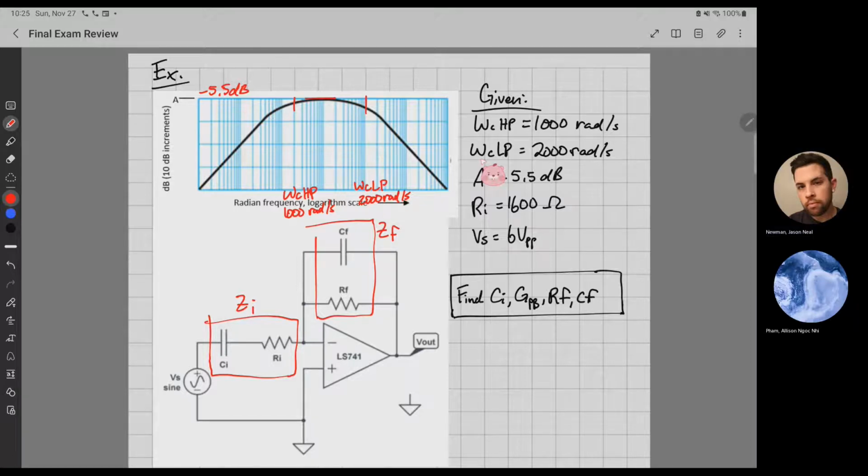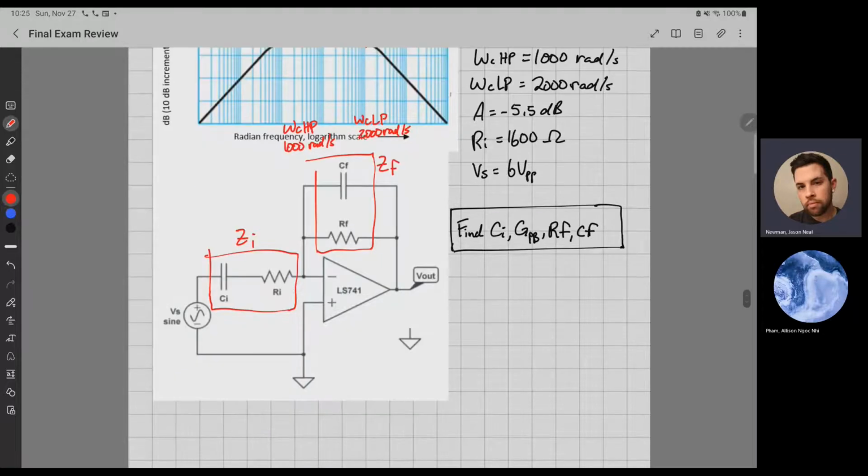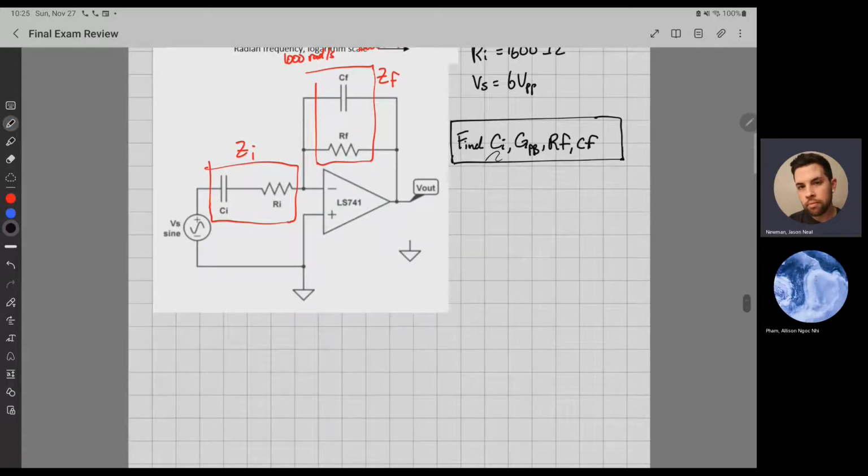Okay, now we've identified those on the graph, just for our own sanity. So let's solve this. First things first, we want to find CI. How do we do that? There's a formula: omega C HP is equal to 1 over Ri Ci.